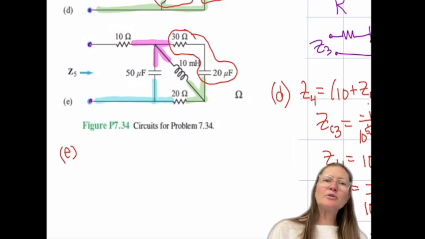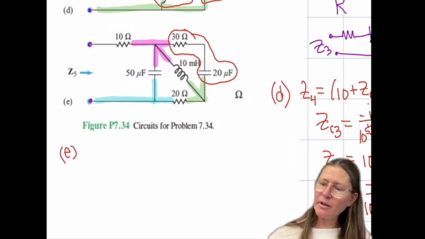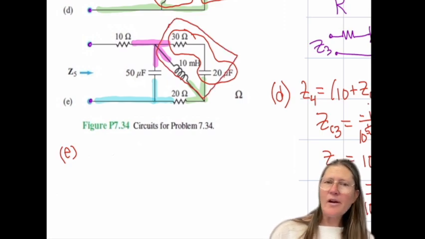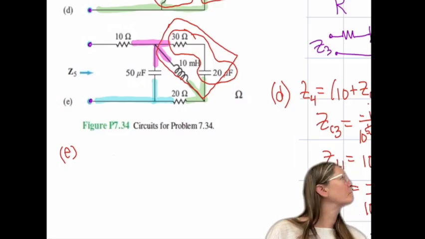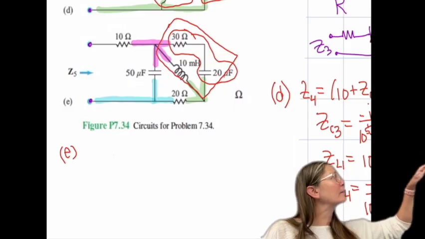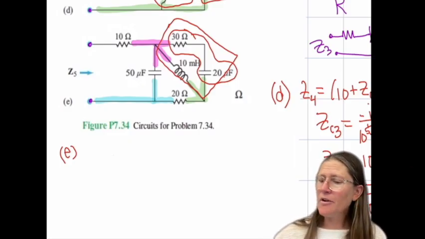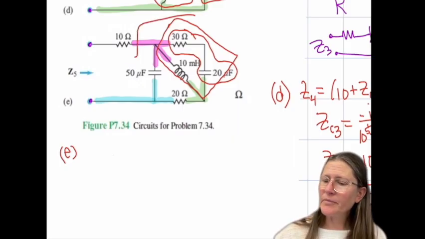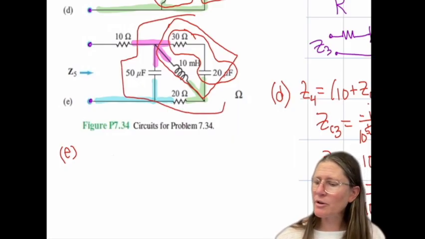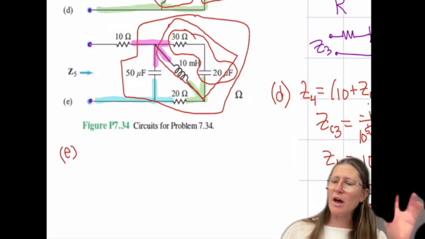And those two are in parallel with the 10 millihenry. And once I combine all that as one, it's going to be in series with the 20. And then the 50 micro is in parallel with that branch.